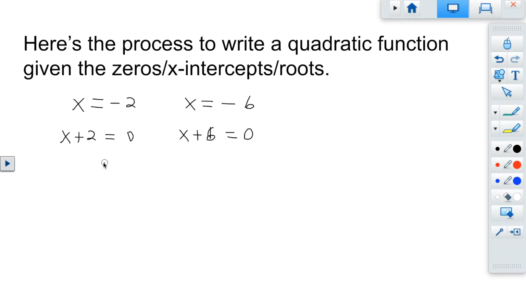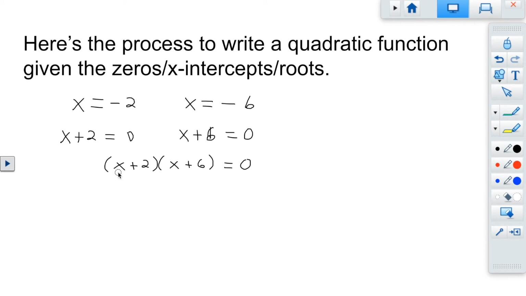And where did we get those factors from? Well, we factored a trinomial, and finding the factors is the inverse property of multiplying these 2 binomials.